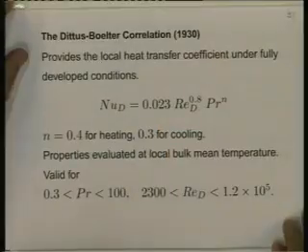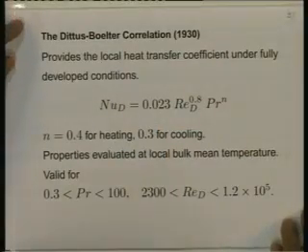For turbulent flow heat transfer in a pipe, perhaps the famous, historically important, is the celebrated Dittus-Boelter correlation, more than 75 years old, but it is still being used because it is simple, straightforward and works reasonably well.